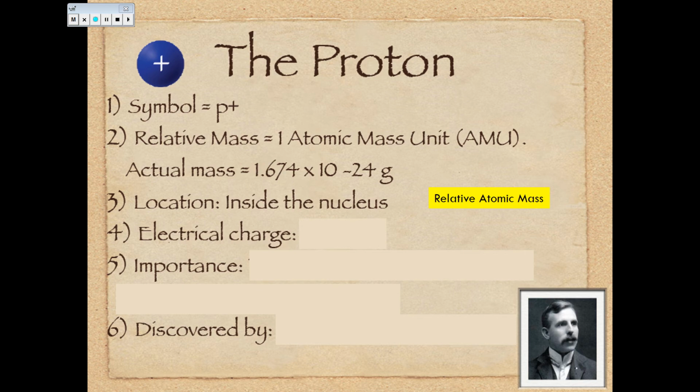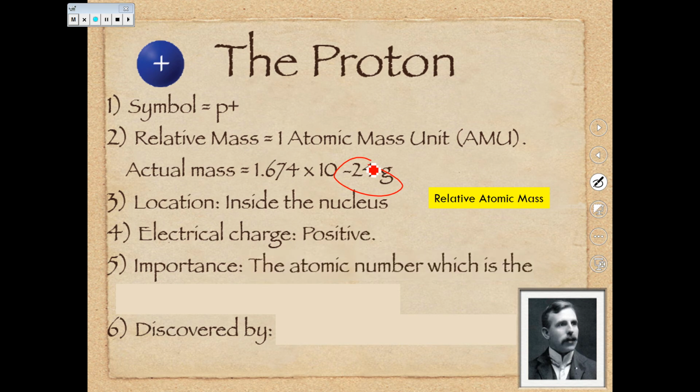We'll talk about later that the relative atomic mass scale came about so that we wouldn't have to talk about the masses of these protons, neutrons, and electrons in terms of 10 to the negative 24th power gram. The proton is located inside the nucleus. Its electrical charge is positive. And the importance of the proton is that it is the atomic number, which is the identity of the element.